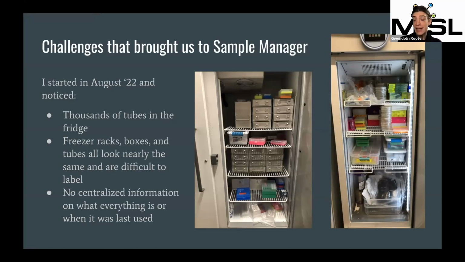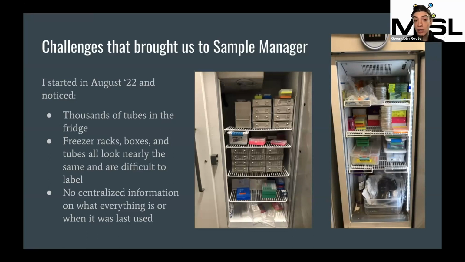In addition to things like not having central air and vacuum and fume hood and things like that, we also had to figure out our whole data management and especially our sample management system. So we had these freezers, we still have these freezers, that are full of racks of tubes. There are hundreds, thousands of them, mainly tubes of DNA in Eppendorf tubes.